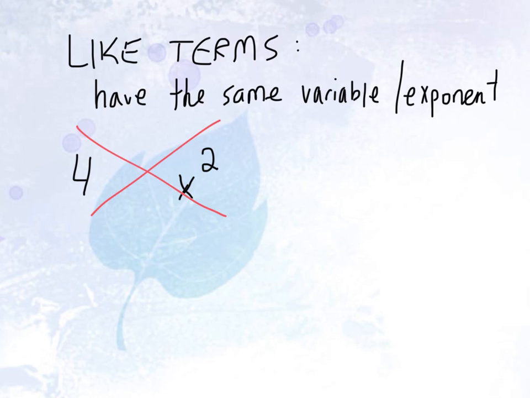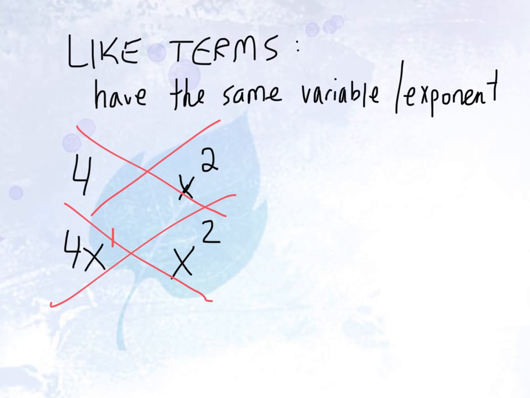Let's take a look at 4x versus x squared. Now both of these terms do have variables. In fact, they're the same variable, x. However, the exponents are not the same. This term on the left has an exponent of 1, whereas this one has an exponent of 2. So again, these are not like terms.